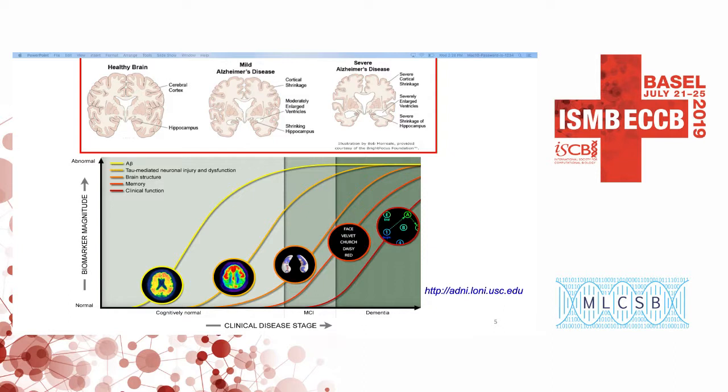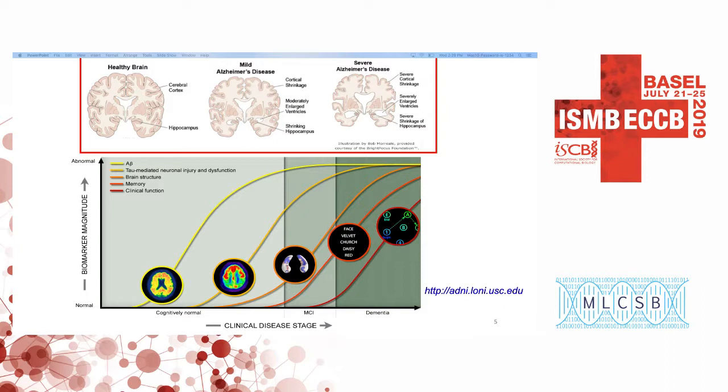It does not remain stationary. On the top, here are three brains. The first one shows a healthy brain. In the middle is a mild Alzheimer's brain. On the right side, it shows a severe Alzheimer's brain. Now let us look at the hippocampus area. We can see that the volume of the hippocampus changes from healthy to severe AD.